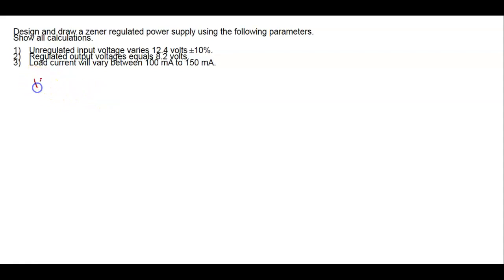So first of all, we need to calculate VN minimum or maximum, whichever you want to do first. That's going to be equal to 24.4 times 0.9. Then VN maximum is going to be equal to 24.4 times 1.05.